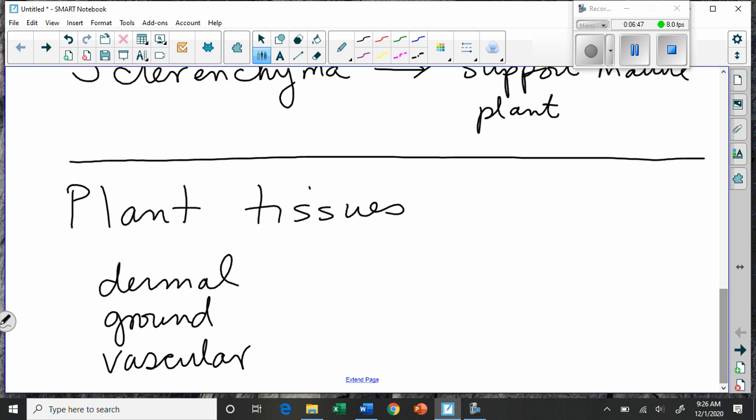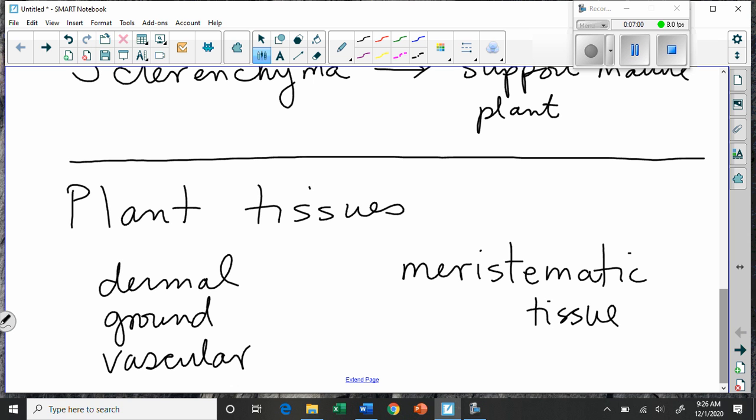But there's also something new we're going to add to this. It's called meristematic tissue. That's a big word. Now, we don't often mention meristematic tissue because these three tissues over here are specialized tissues. Meristematic tissue is unspecialized, kind of like stem cells.